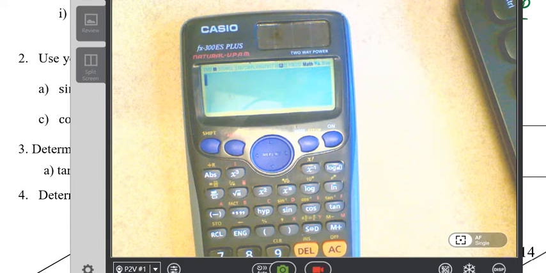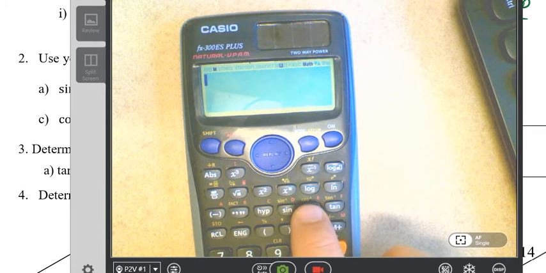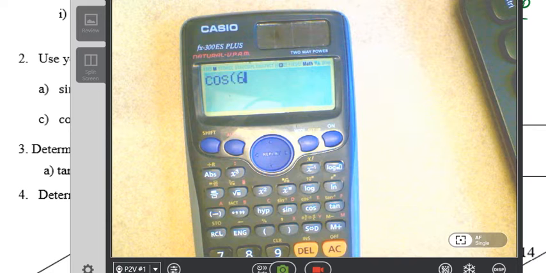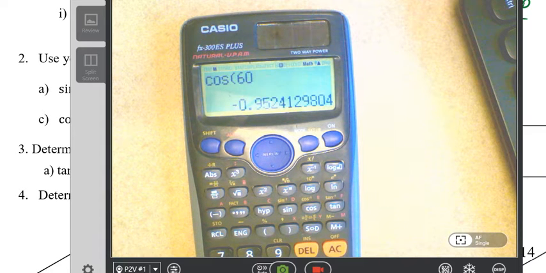And if I put in cosine of 60, what I get is not what I'm supposed to get. This is my test: the cosine of 60 is supposed to be 0.5. So that means my calculator's in the wrong mode. This is a surefire test of whether or not I'm in the right mode.